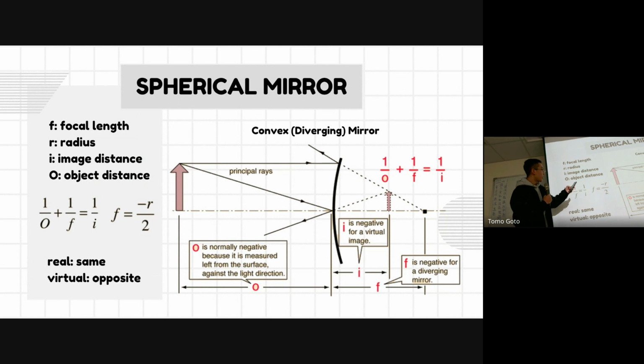On the right, we have the convex mirror, which only forms virtual images, no matter the distance from the mirror. It's also called a diverging mirror because the rays diverge, and it's called a convex mirror because the curve is going outwards.